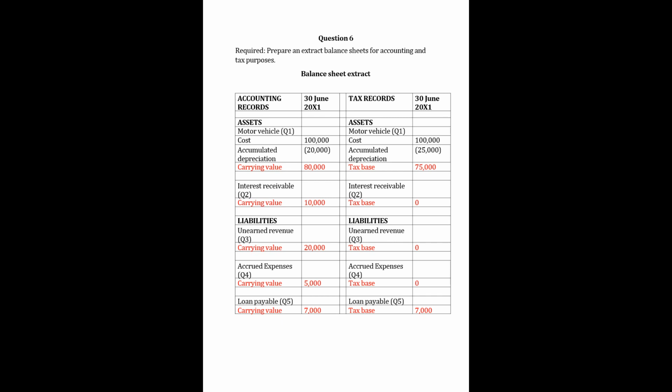Now let's look at the 3 liabilities we looked at. The first, question 3, was unearned revenue. The carrying value was 20,000, but there was no revenue that was realized in that year. There was no cash.